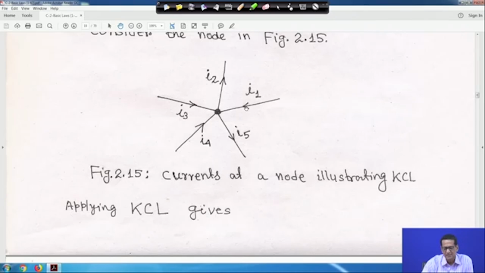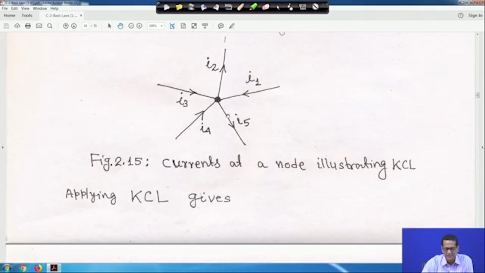If we take all incoming currents I1, I3 as positive sign, then I1 minus I2, because I2 is outgoing, plus I3, it is incoming, plus I4, and minus I5 because it is outgoing, is equal to 0. That means I1, then in brackets minus I2 plus I3 plus I4, and in brackets minus I5, is equal to 0.